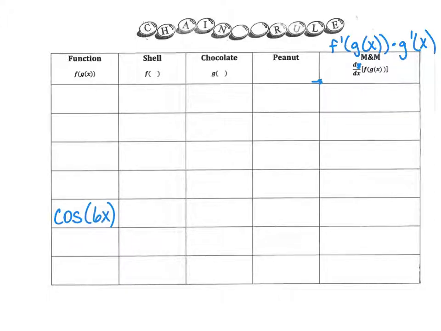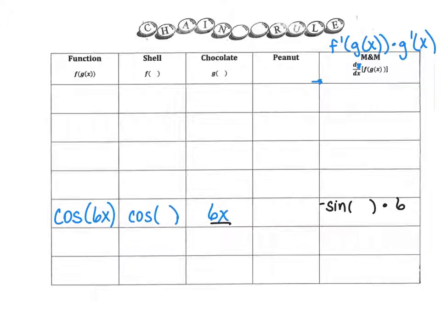Again, this is just a two layer. So hopefully you see your layers. The inner function, that's your g of x. The inner is 6x, and the outer is the cosine of something. So if I have to take the derivative of both parts, well, the derivative of cosine is negative sine of the something times the derivative of this layer, that would be 6.